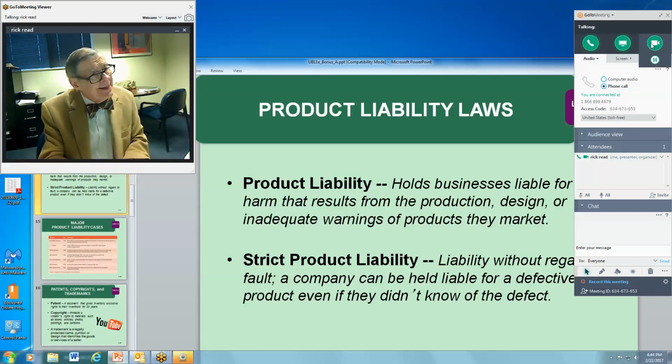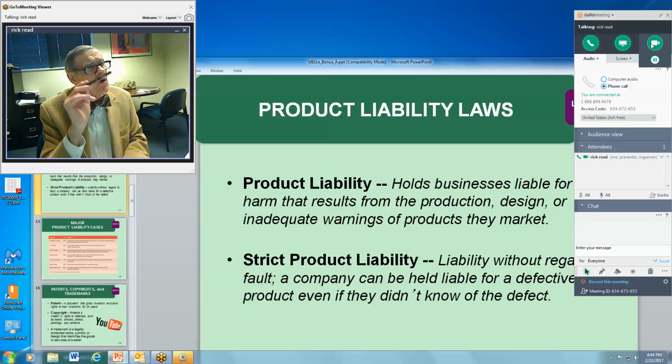Notice what it says here, that a company can be held liable for a product even if it did not know of the defect. Now that's very, very strong language.